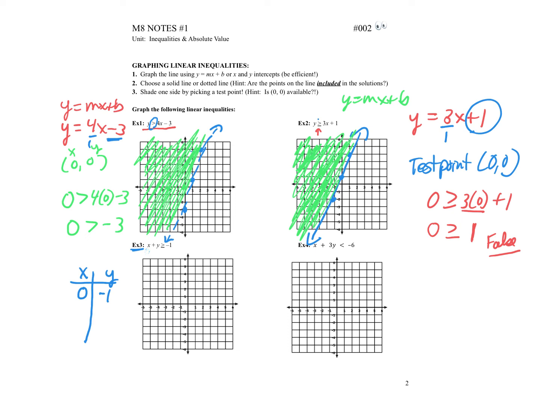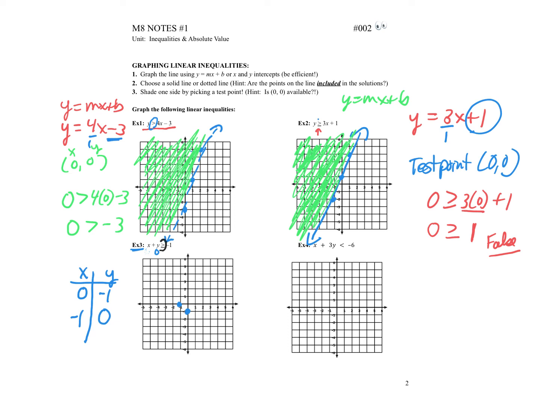All right. Now we're going to plug in 0 for y. Interestingly enough, we're going to have the same thing, okay? So now we're going to plot the points (0, -1) and (-1, 0).